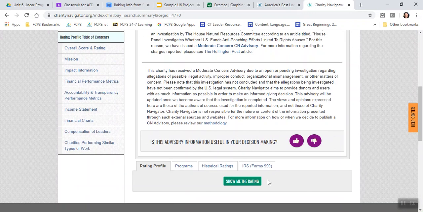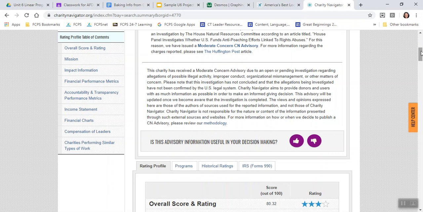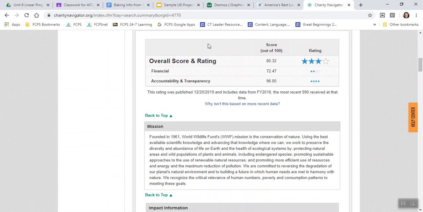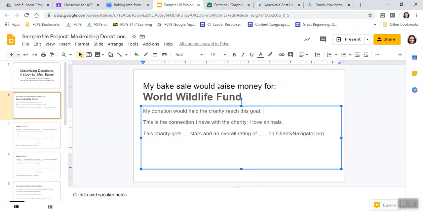Show me the rating. Alright, and its overall score is 80.32, which is actually not that great. So if you got something like this, you might decide, maybe I should choose something else, something in the 90%. But for now, I'm just going to put this on here. So it gets 3 stars out of 4.